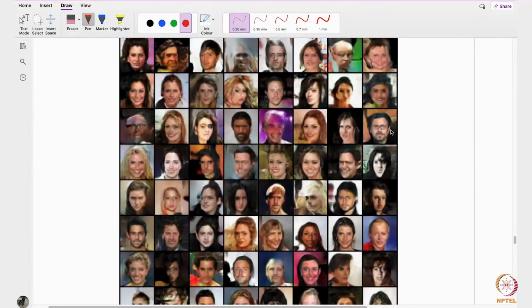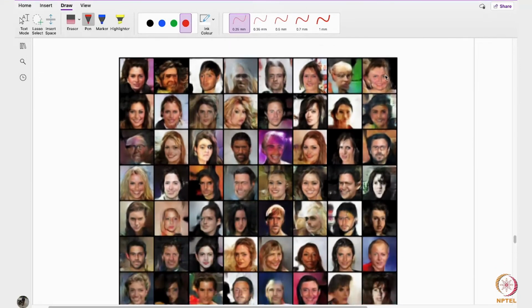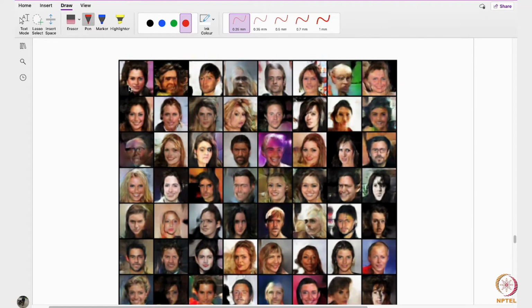Now this is just for the sake of seeing how the generator is progressing by taking the input random noise vectors and outputting images. See here, all these images are not completely drawn. You can see slight modifications there. That means they are at the initial stage of training.